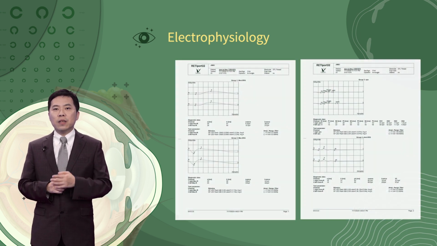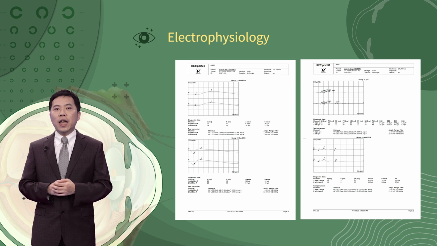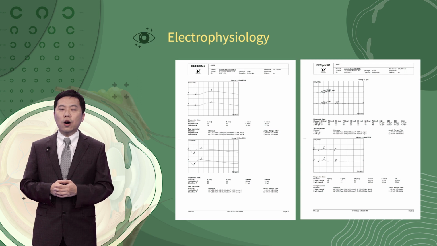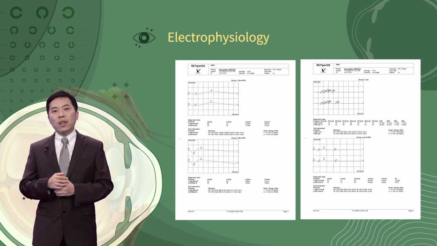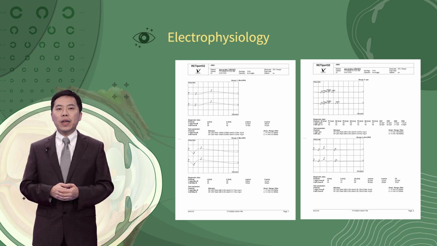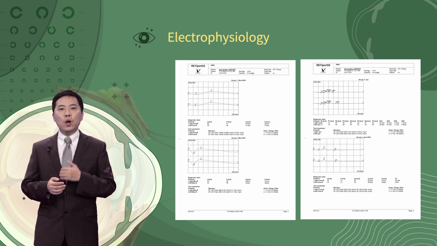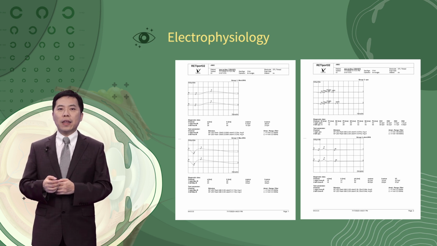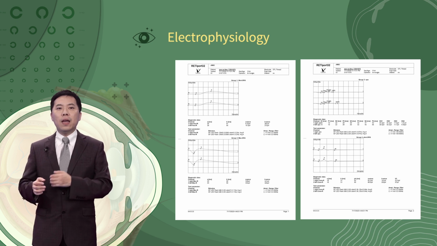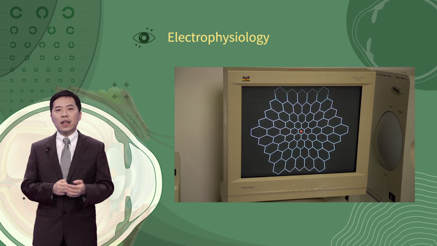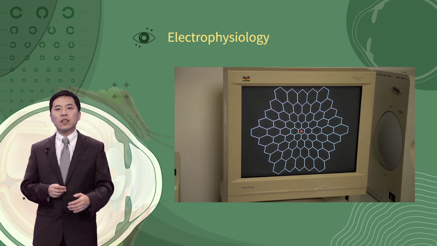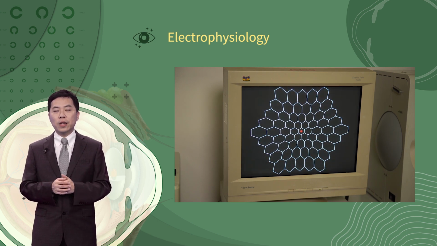With different patterns of stimulation, ERG can differentiate the function of the cone, rod, and bipolar cells. We can obtain a negative A wave and a positive B wave, whose amplitude and implicit time are important parameters. Multifocal ERG can assess the function of different regions of retina.